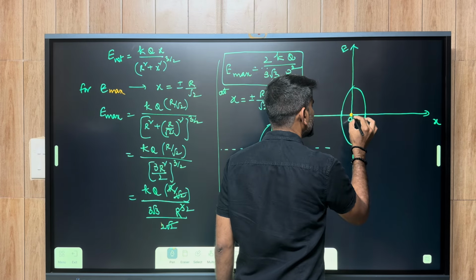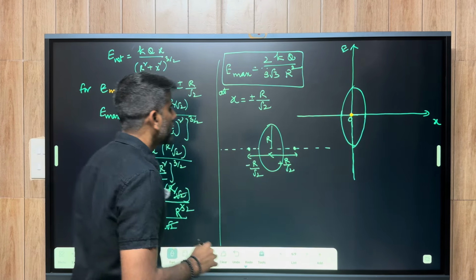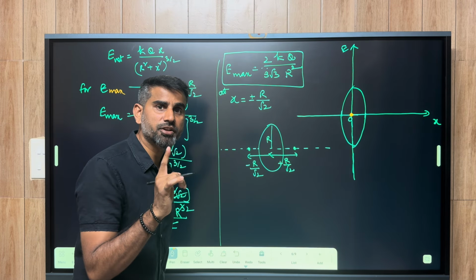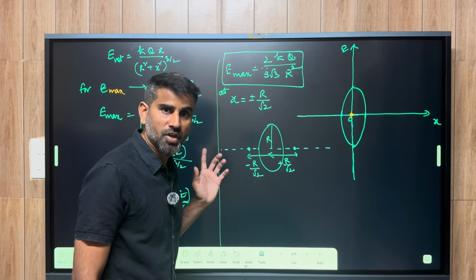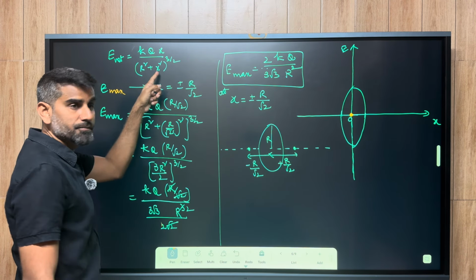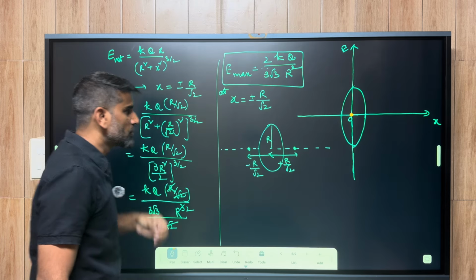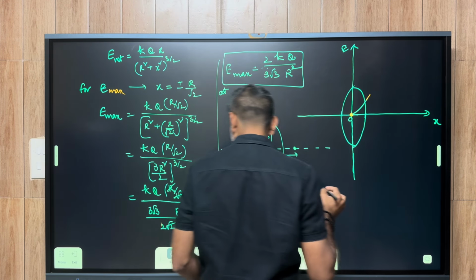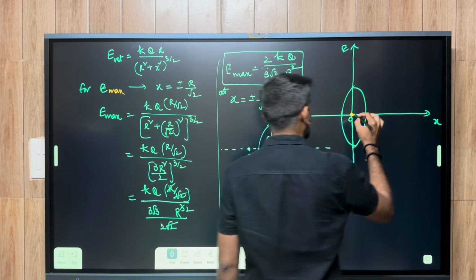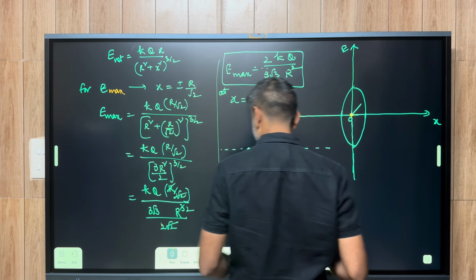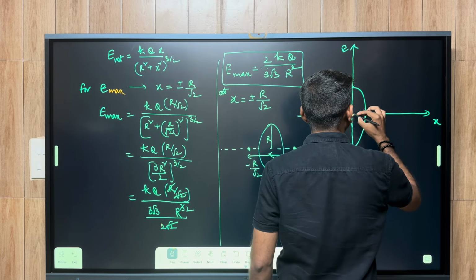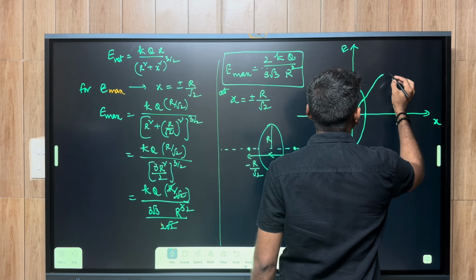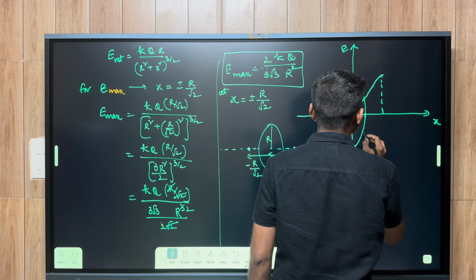That means the graph should begin here. Now as we move away from the center, the electric field gradually increases as per this equation. At some point the electric field will be maximum.